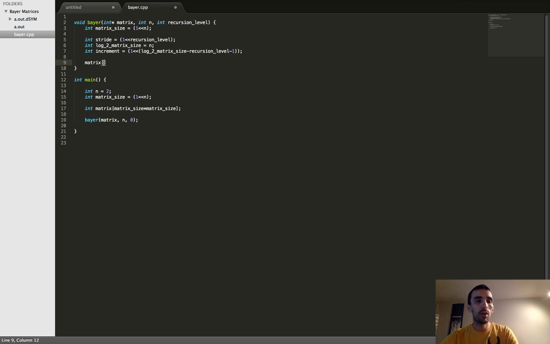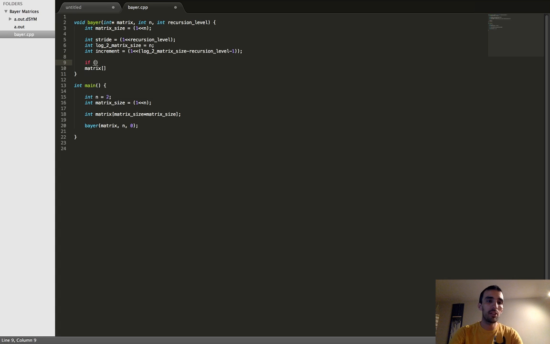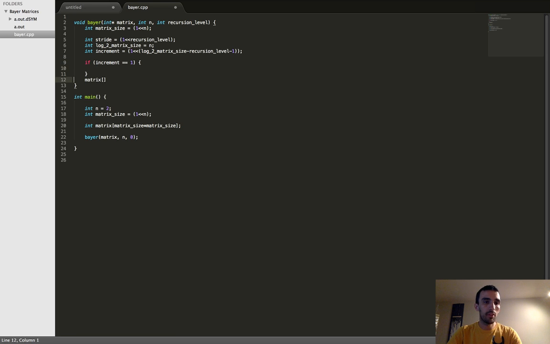Okay, so if my increment is 1, then I'm going to be filling values into my matrix. But I'm not even going to worry about that yet. I'm going to worry about the case where I'm still recursing.